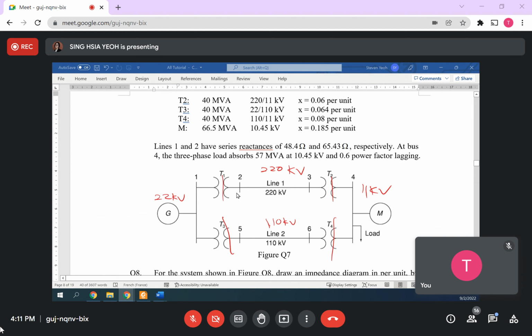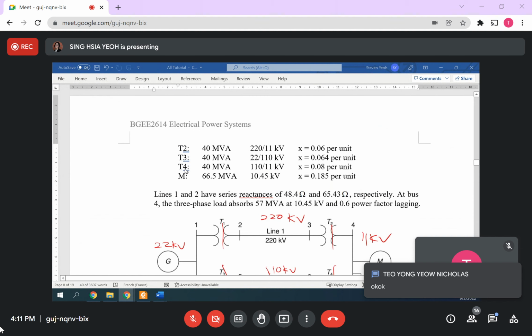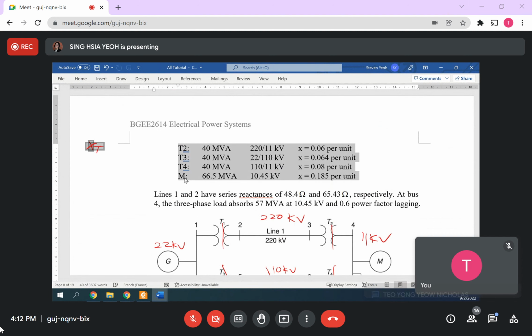Can you settle the T2, T3, T4, and the motor for me? What is the value for XT2, XT3, XT4, and X motor?